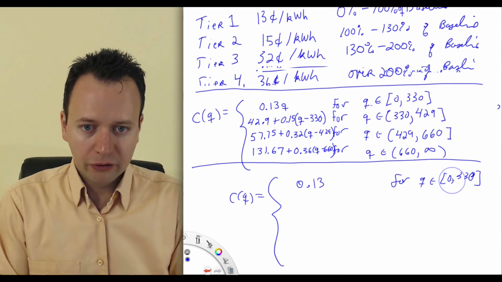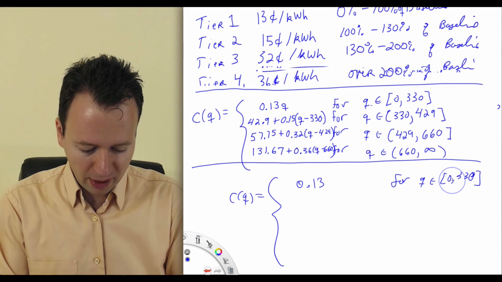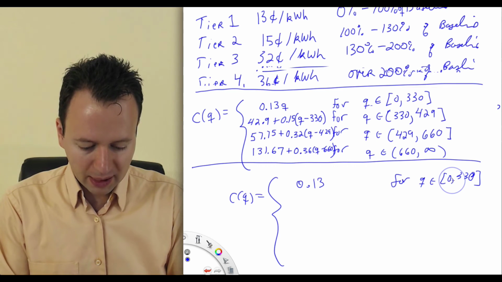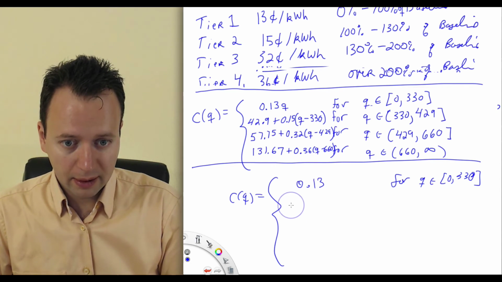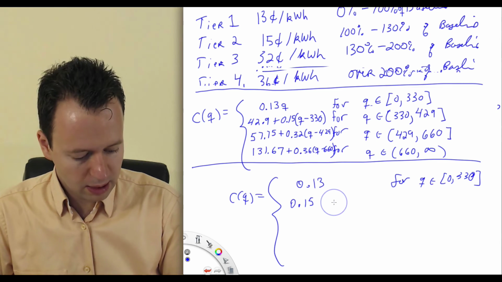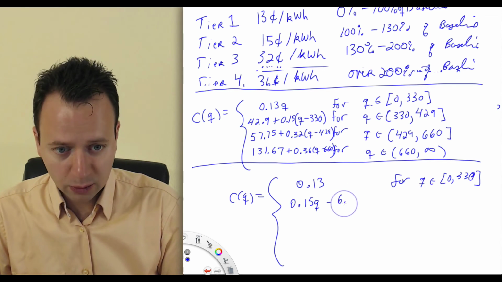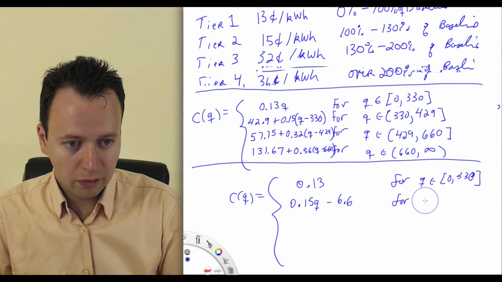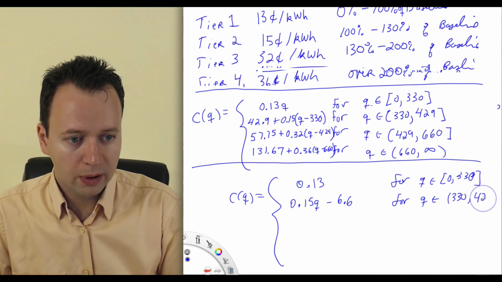So $42.90 minus 0.15 times 330 is negative 6.6. So the second one is 0.15 Q minus 6.6 for Q on 330 to 429.